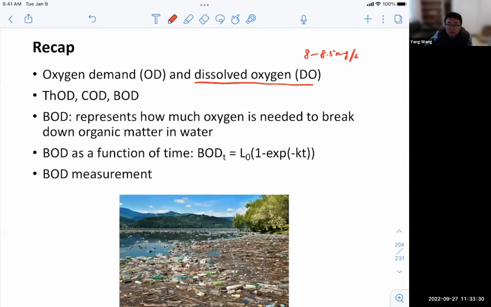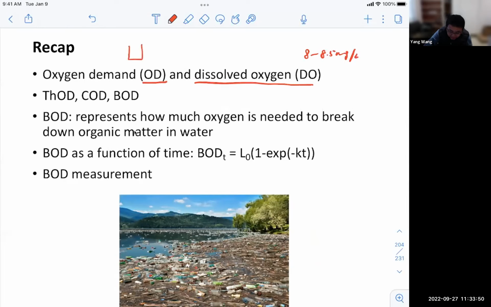But the oxygen demand is not constrained. The oxygen demand is how much oxygen these organics are going to require to get fully decomposed. We gave an example of a 1 liter bottle.